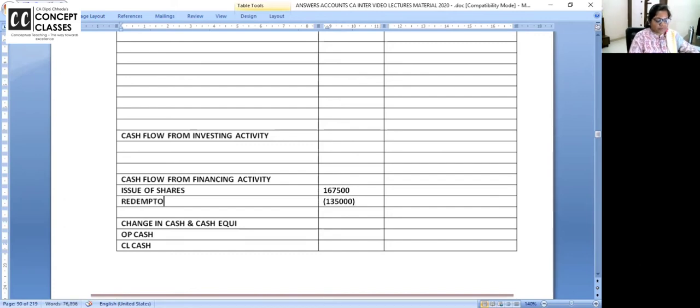Redemption of preference shares, 1,35,000. But you paid extra, instead of 100 you paid 115. So now, premium on redemption of preference shares.